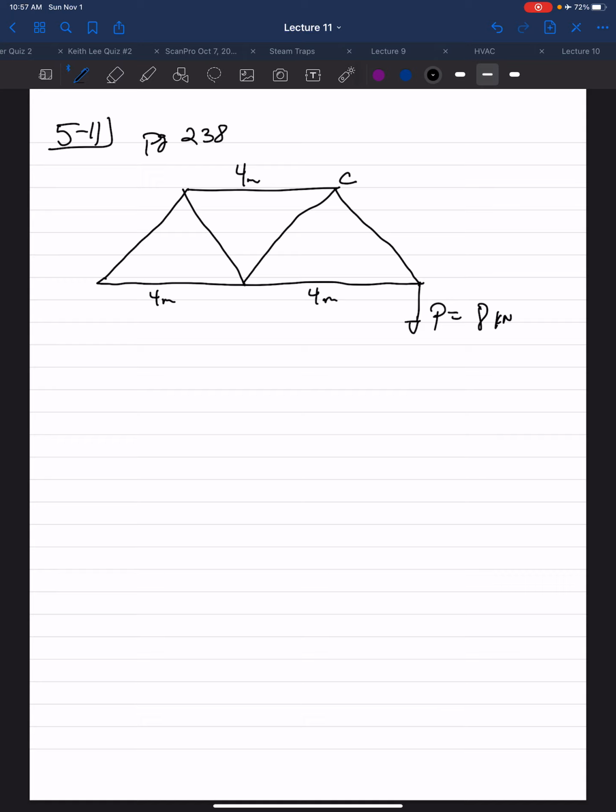Joint C, joint D. This is a rocker at E. A is a pin.